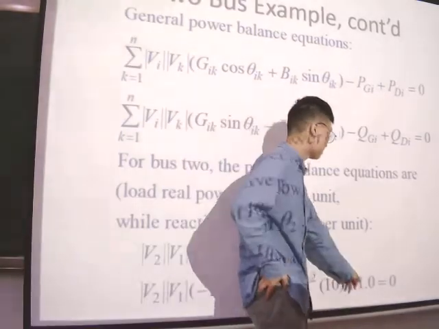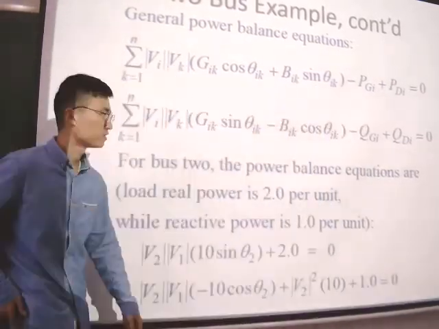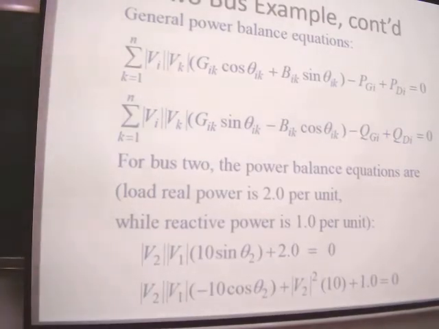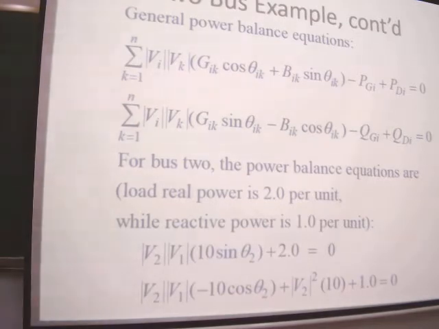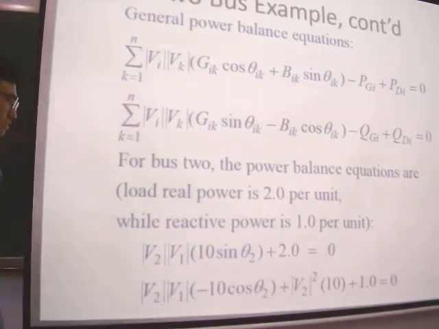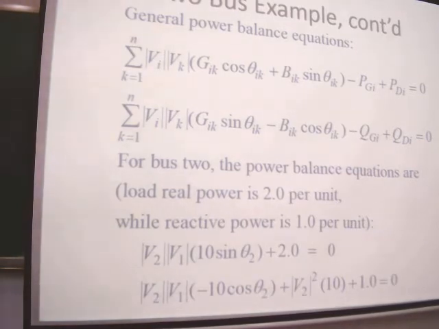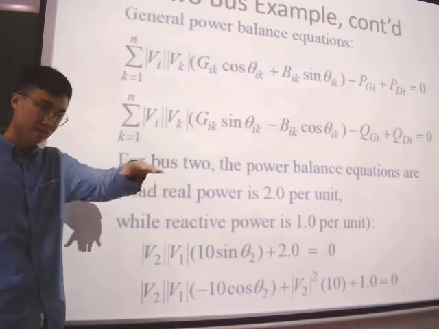Plus the 1, this P2 is equal to 1 per unit. Okay, so V2 squared minus V2 squared into 10, passing V2. No, that's this one. Okay. Here.